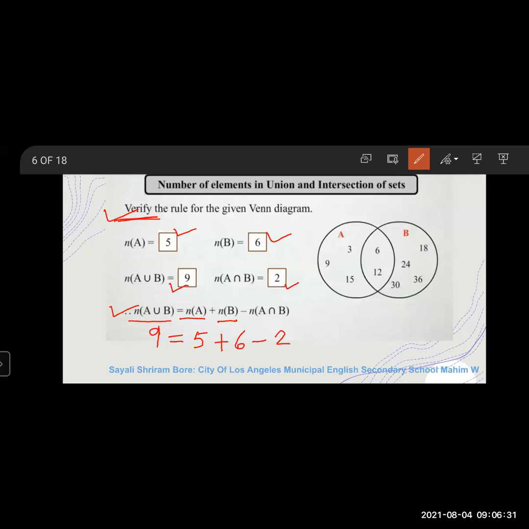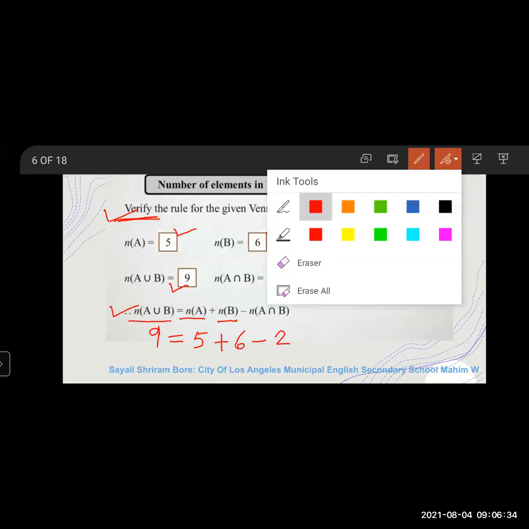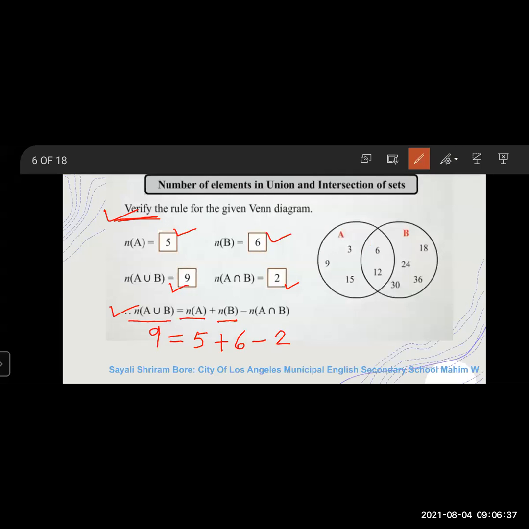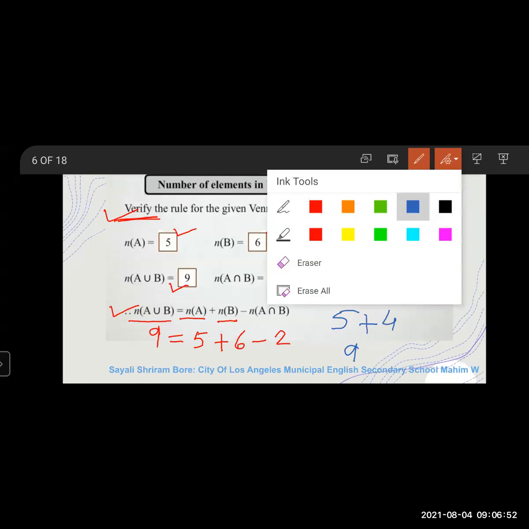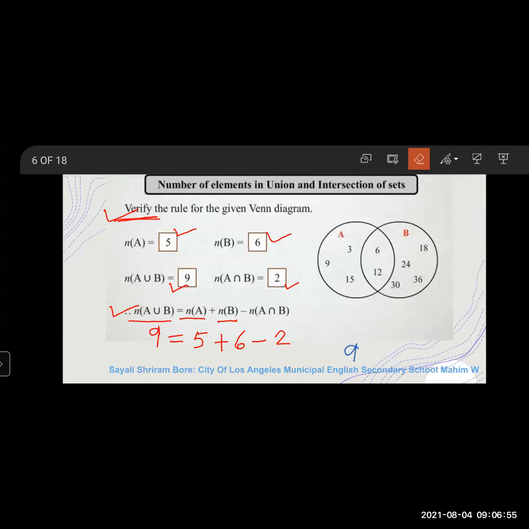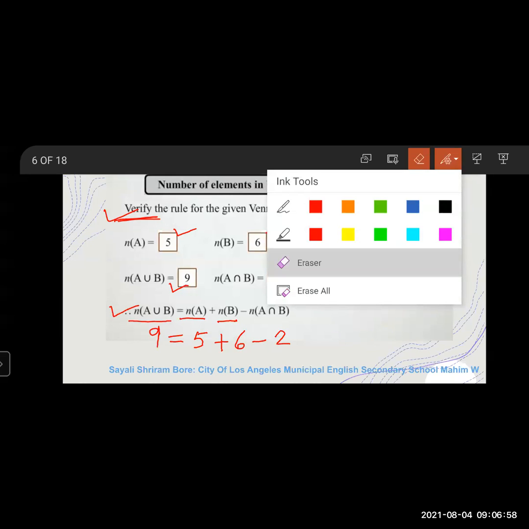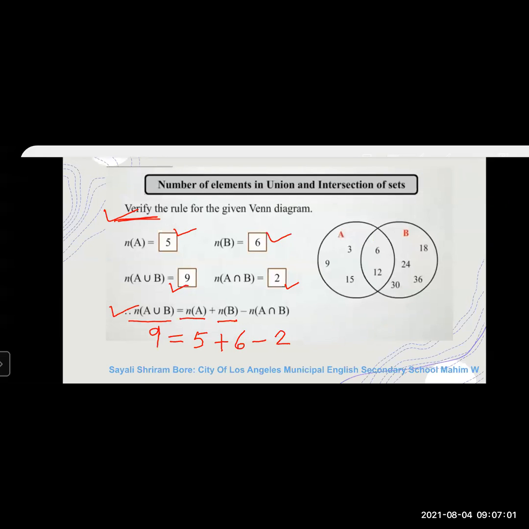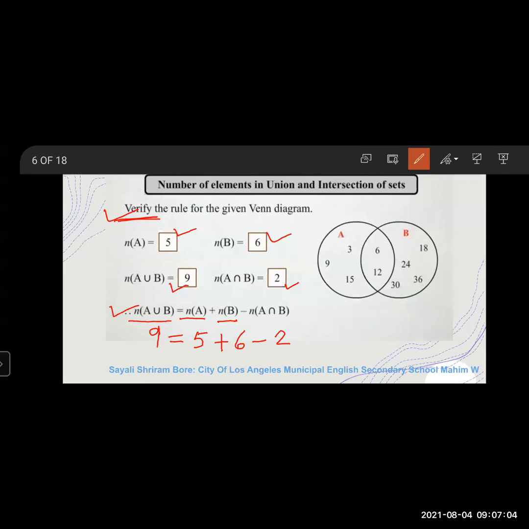What they do is write 5 as it is, then plus 6 minus 2 as 4, so 5 plus 4 is 9. Some students just carry out all the mathematical operations all together. So do it step by step.